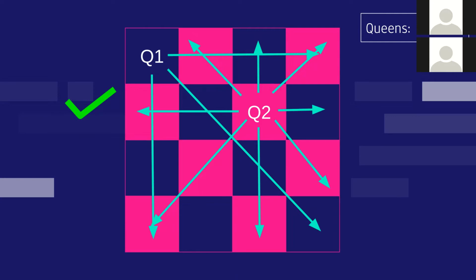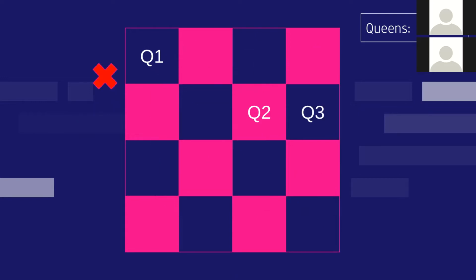Now notice the number of queens successfully placed is 2. We get the solution when the number of successfully placed queens is 4, but right now there are only 2, so we need to continue. Now that 2 queens are successfully placed, we'll try placing a third queen.